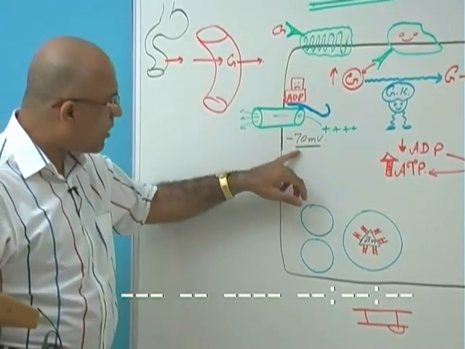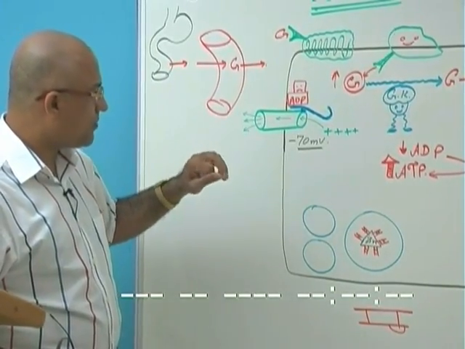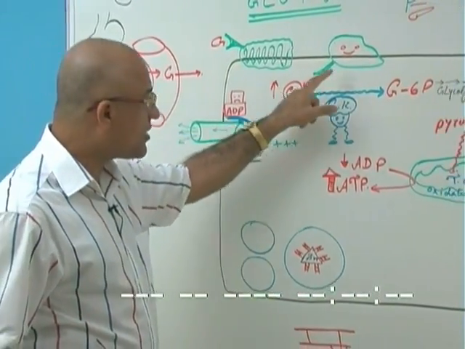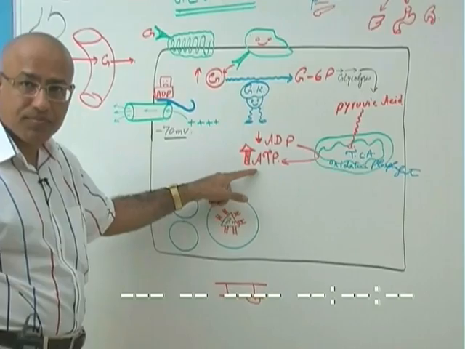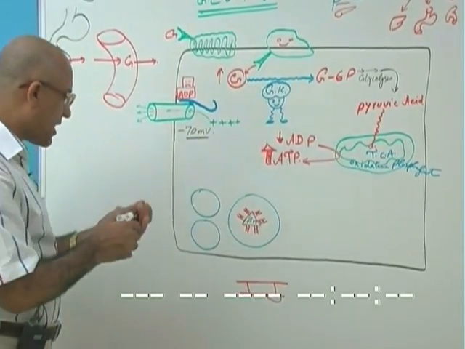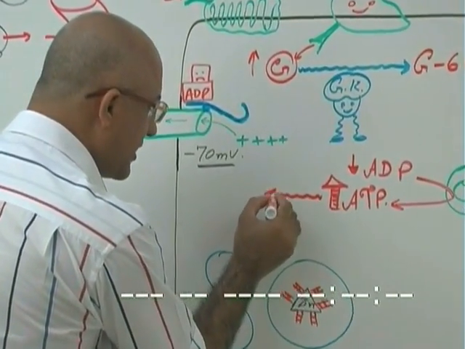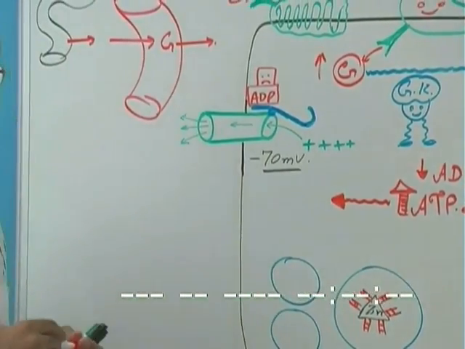And what happens now? You come over here. Glucose came in, right? It resulted in conversion of more and more ADP into ATP. When ATP level becomes high, right? What will happen? The high energy molecule ATP will love to play with this channel.